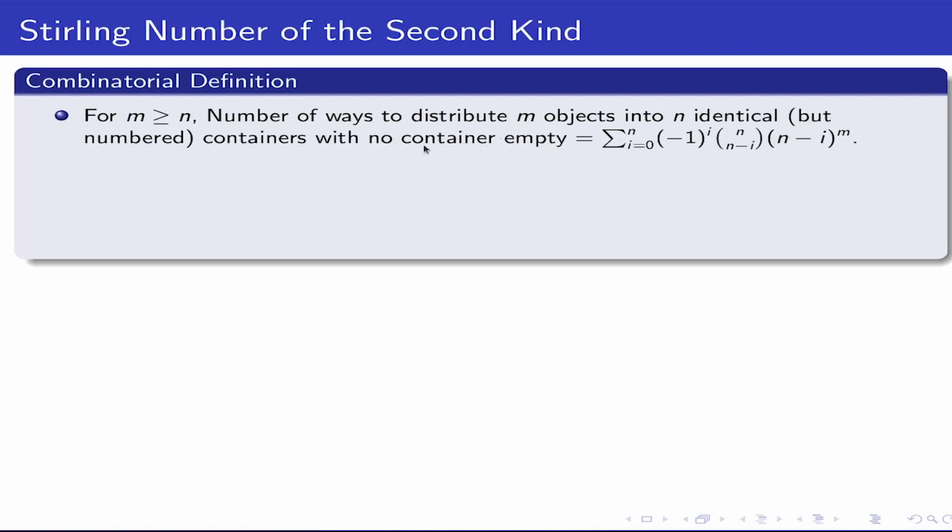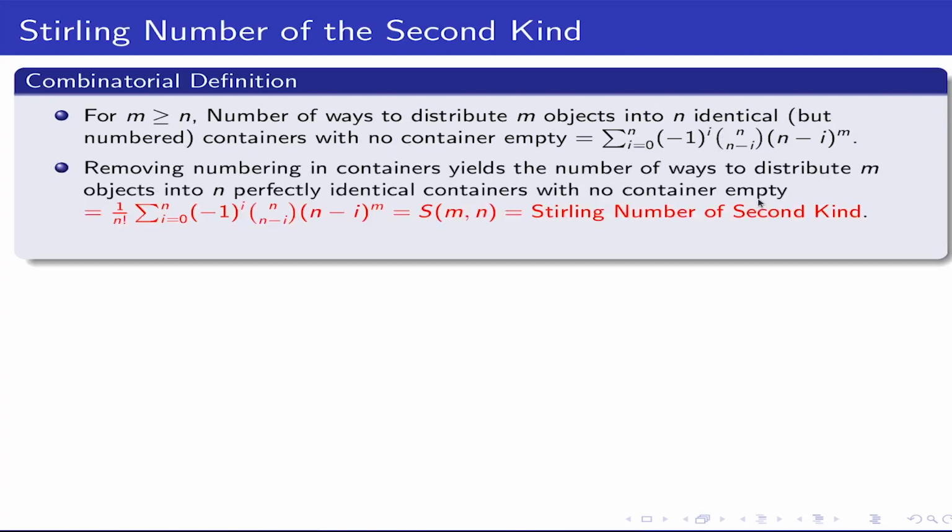Now if you remove the assumption of numbered, only n identical, with no container being empty, then n factorial number of permutations you consider here due to the numbering, because 1, 2, 3, 4, 5 and mapping m will be different from if you renumber it with 2, 1, 3, 4, 5. So there could be n factorial different numbering permutations possible. All of them are different onto functions.